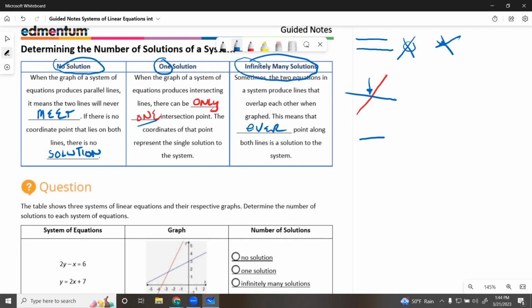So we have the equation of one line and the equation of the other line, right? You get the chart, you get the line, you get the other line, and they overlap. If they overlap, every point where they overlap is a possible solution.